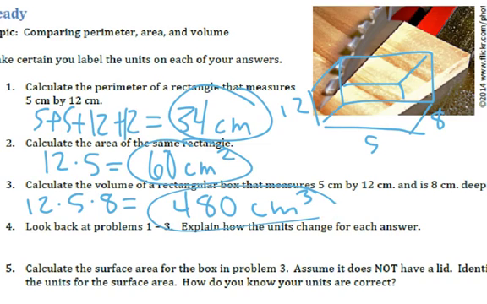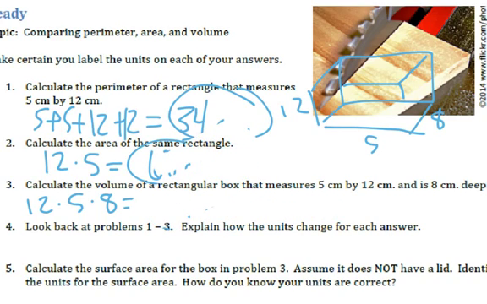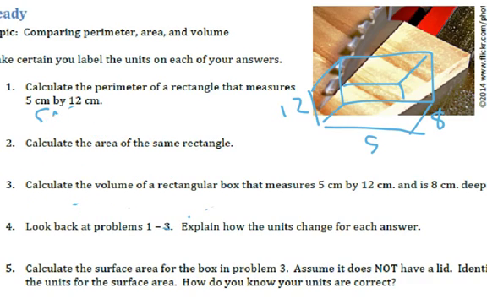Okay? So, surface area is basically just all the area of all the pieces, all the faces put together. So I find the area of that, which is 12 by 8, which is also the same as that end. So I'd go 12 times 8, and I'd double that.